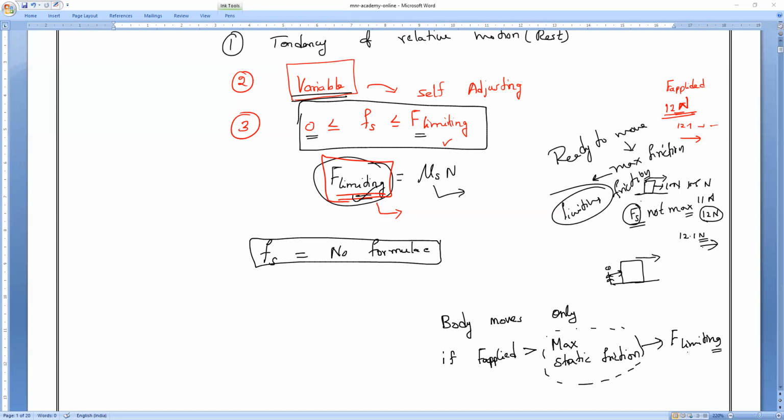That maximum static friction we call limiting friction, F limiting. Then only the body will move.